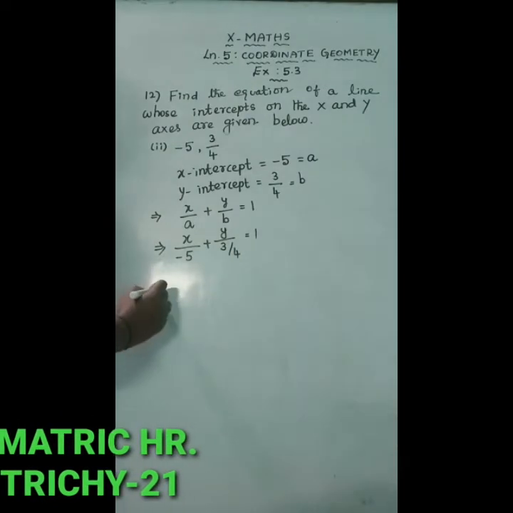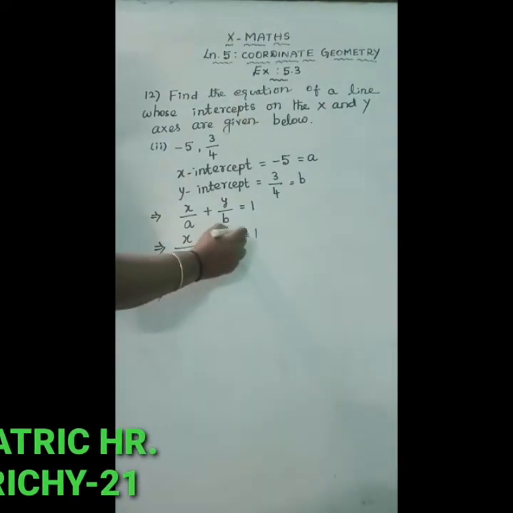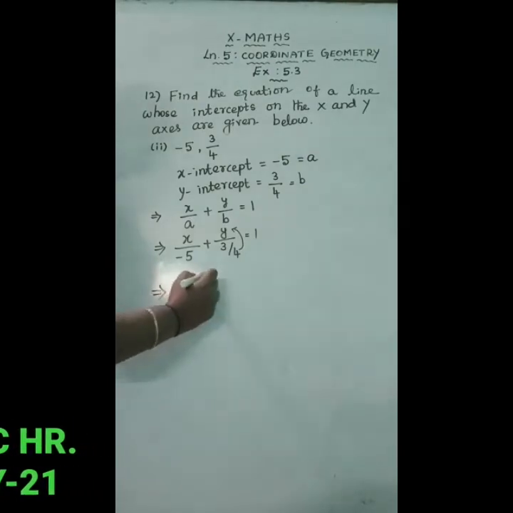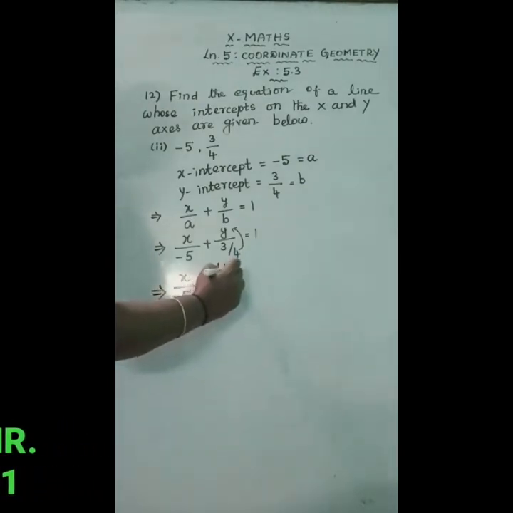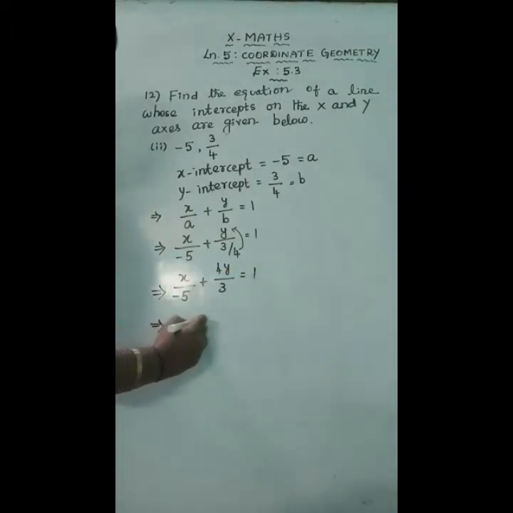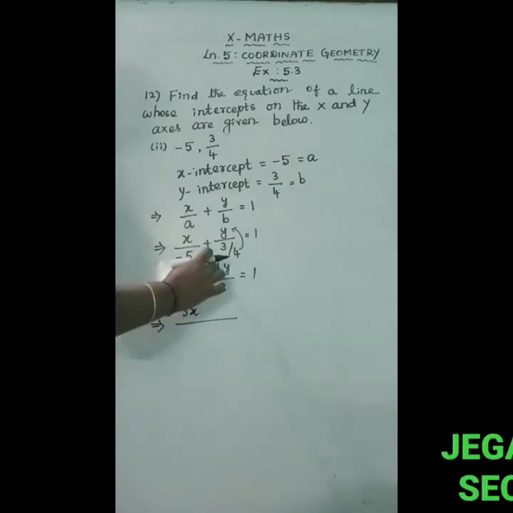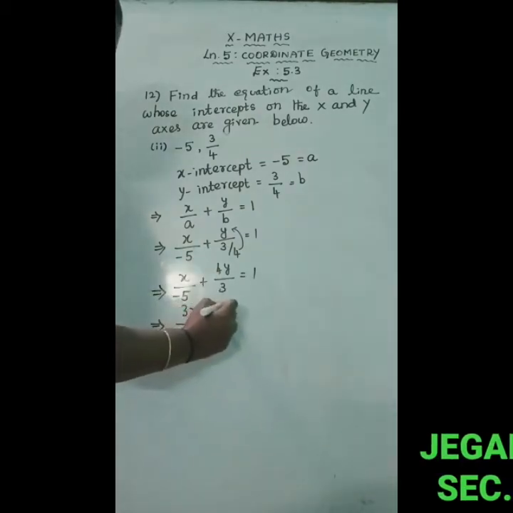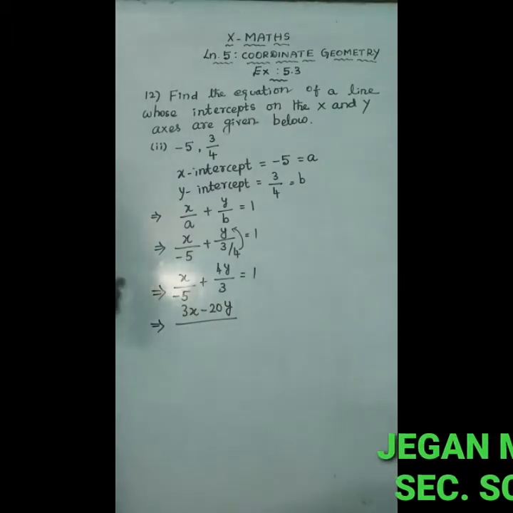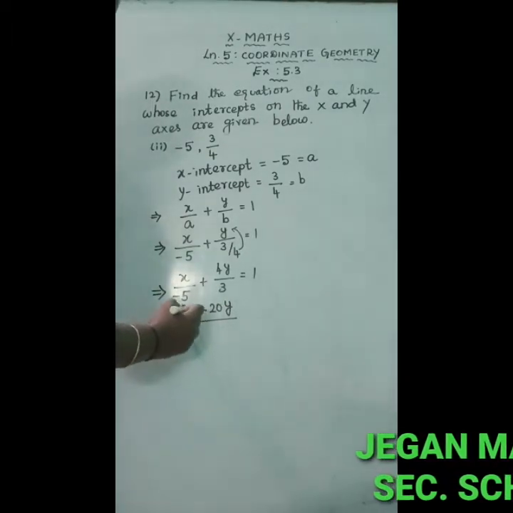So, we simplify this equation. The first step, 4 is multiplied into y. We have x divided by minus 5 plus 4y divided by 3 is equal to 1. So, we take LCM, 3 into x, 3x minus 5 into 4, minus 20y divided by 3 into minus 5, we have minus 15.